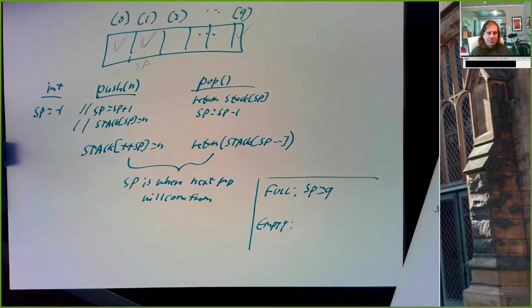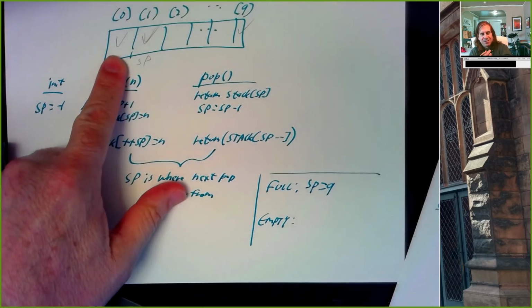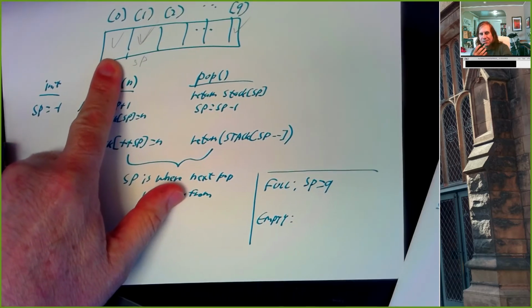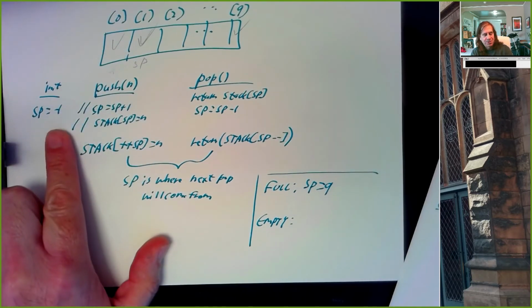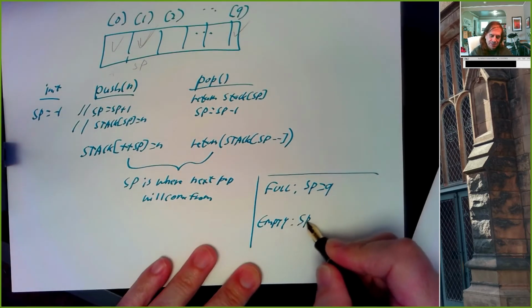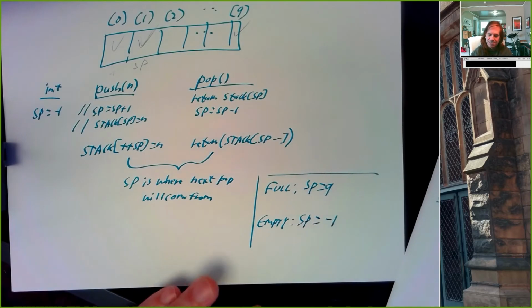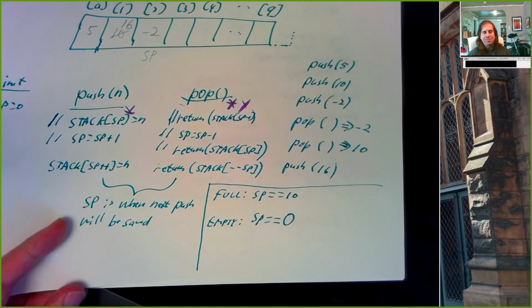On the other side, we're popping, we're popping, we're popping. If SP is equal to 0, a pop will return the value at this first cell. That's not an error condition yet. It'll return the value here and then decrement stack pointer to -1, which was our initialized condition. That's when we know the stack is empty. So here the stack pointer is 9 for full, -1 for empty. Here it was 10 for full, 0 for empty.